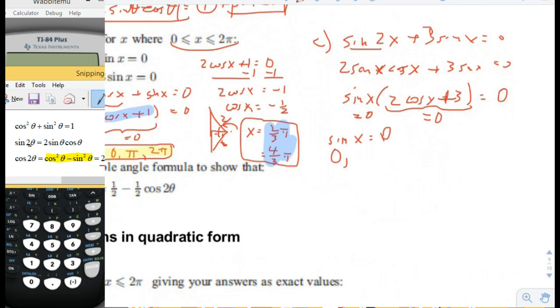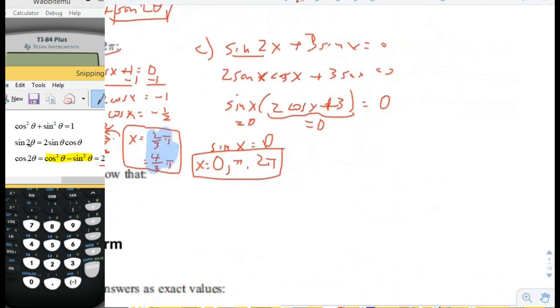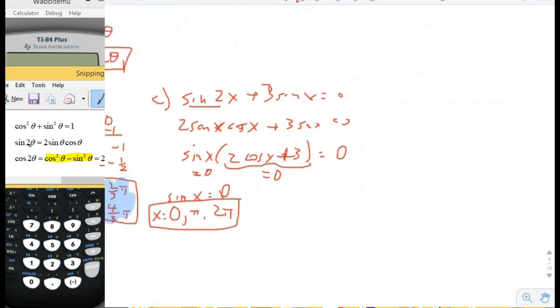Okay, and now we just need to do this other one here, which is a little bit more complicated than last time. Subtract 3 from both sides, and we end up with 2 cosine x equals negative 3. Then we divide both sides by 2, and we get cosine of x equals negative 3/2.